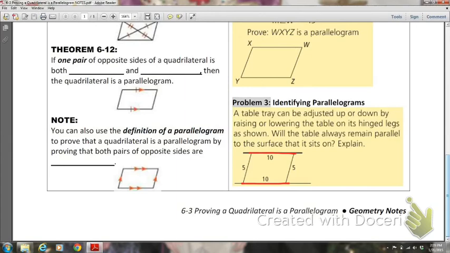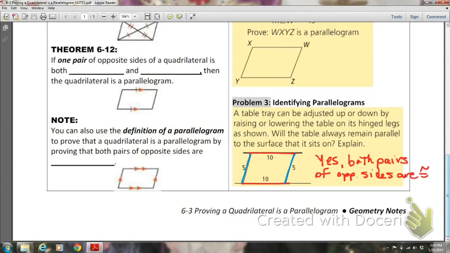And the left and right sides are both 5. So we have opposite sides that are congruent. So the answer to this is yes. Both pairs of opposite sides are congruent. That means it's a parallelogram, and it will always remain parallel to the surface.